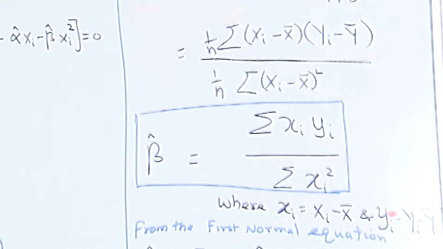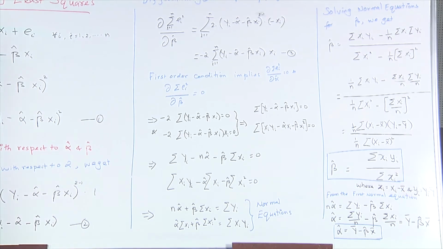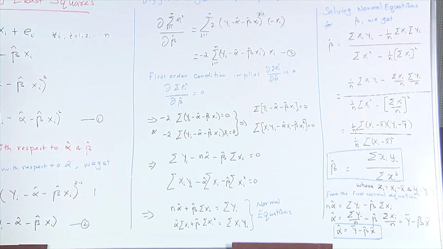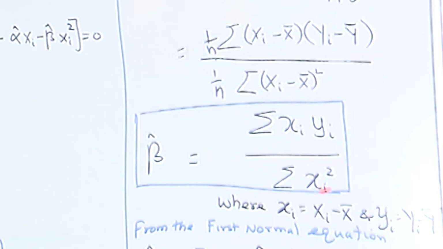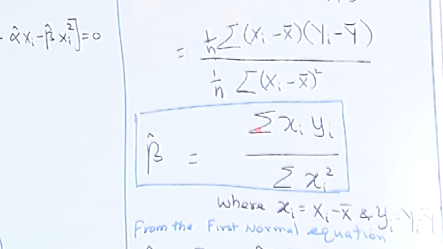Actually, this is nothing but deviations from their respective means. So, small xi is the deviation of capital Xi from its mean and small yi is the deviation of capital Yi from its mean. So, this is the estimator of beta hat.